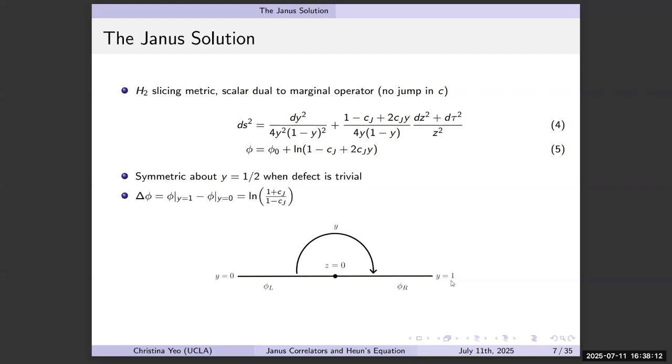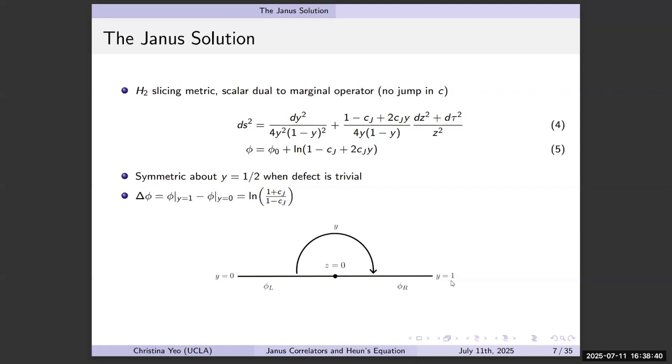So the radial coordinate is z here. Yeah, the radial coordinate is z, and the angular coordinate is y. So z equals 0 is where the interface is. These are the two asymptotic boundaries, and they meet at this interface. Is the boundary at that line?